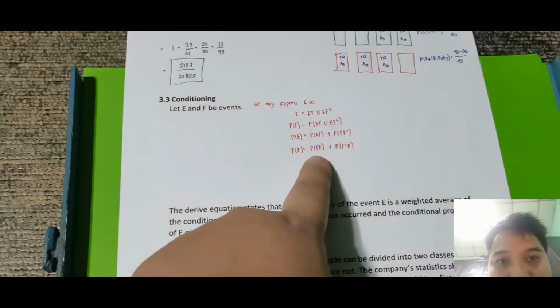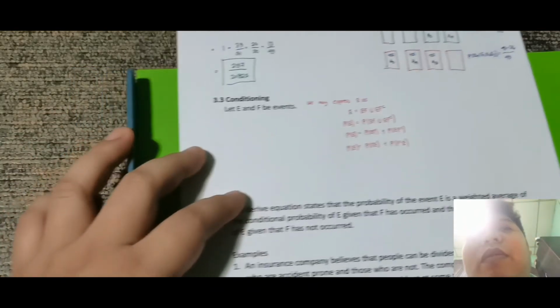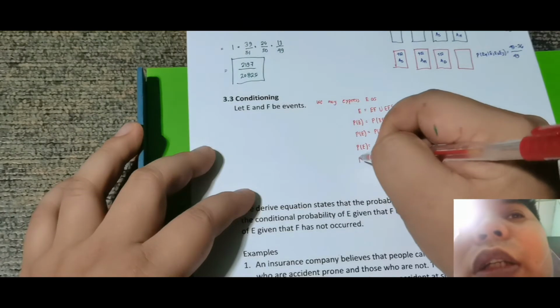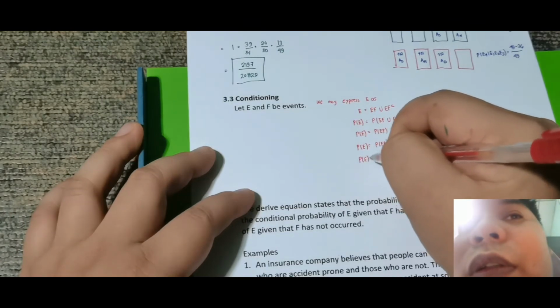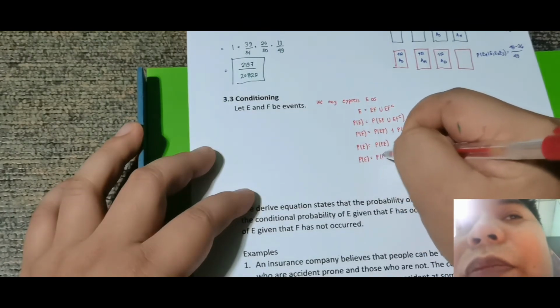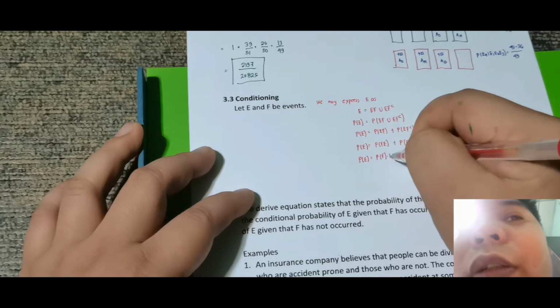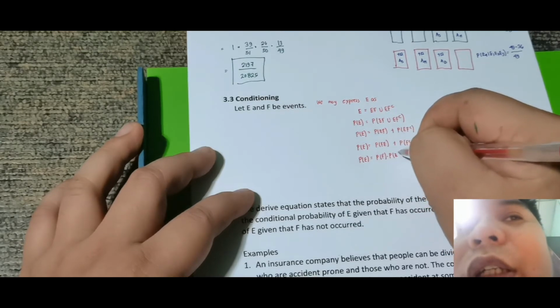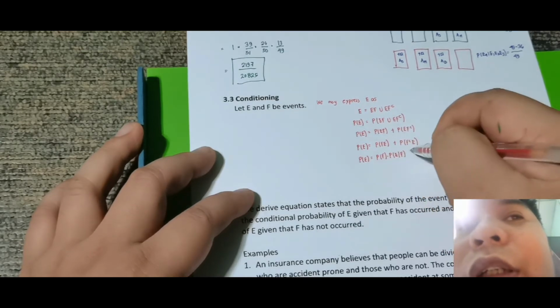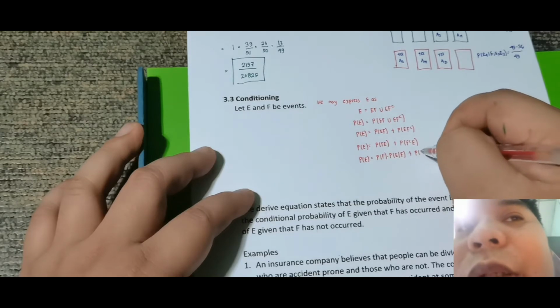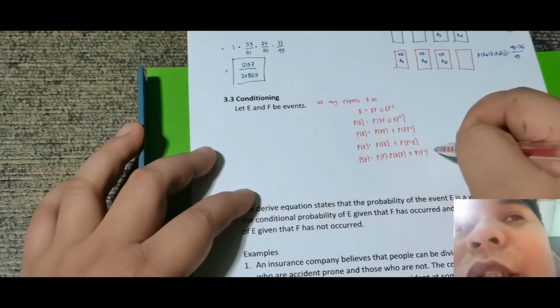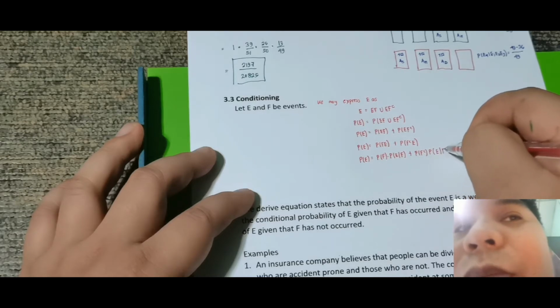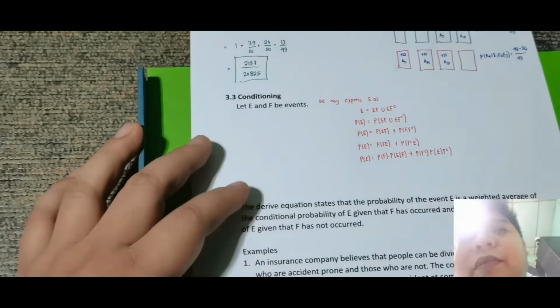So, by applying multiplication rule sa dalawang yan, this is just probability of E is equal sa probability of F times probability of E given that F has occurred plus probability of F complement times probability of E given that F complement has occurred.